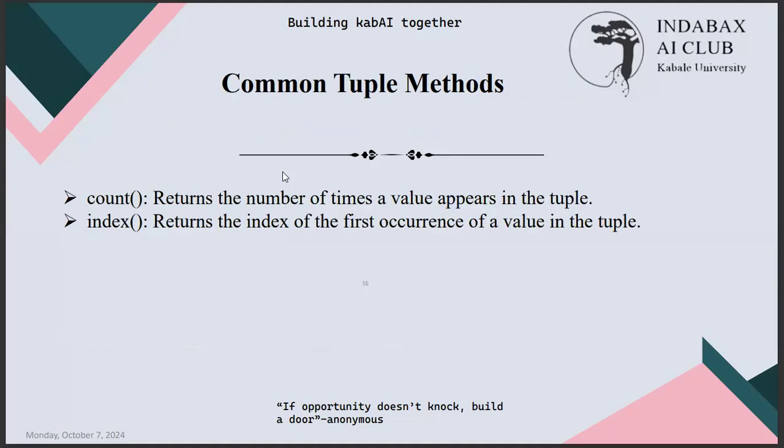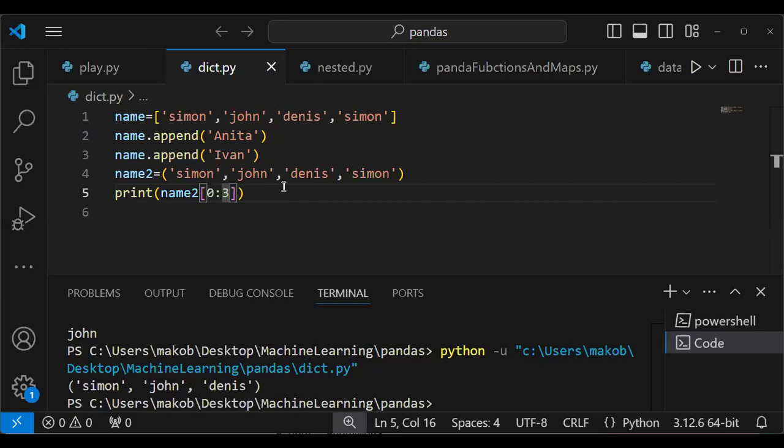Then there are some common tuple methods like count. So count returns the number of times a value appears in the tuple. For example, here we are having Simon appearing twice. This one is quite simple, but you might have data where the data is very large and you need to find out how many times an item is appearing, like 1,000 times, and you can't count that.